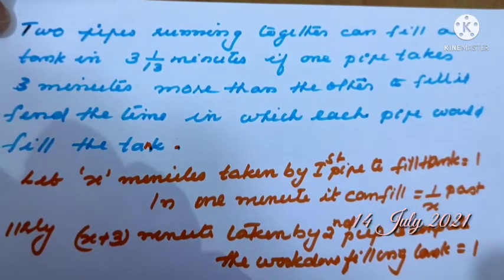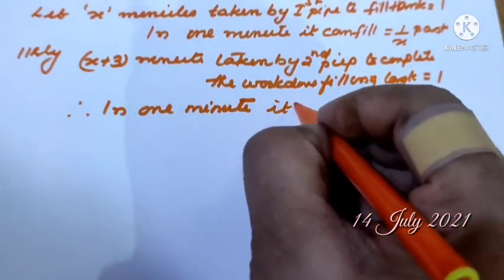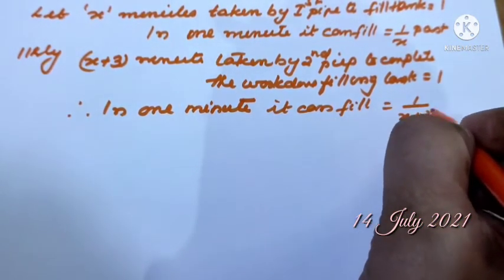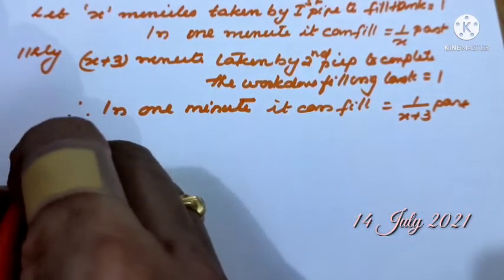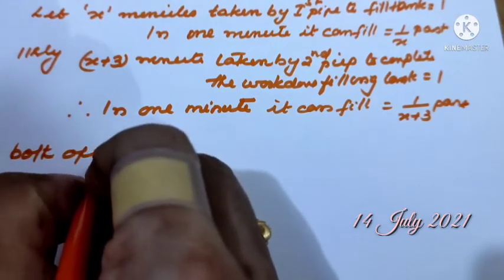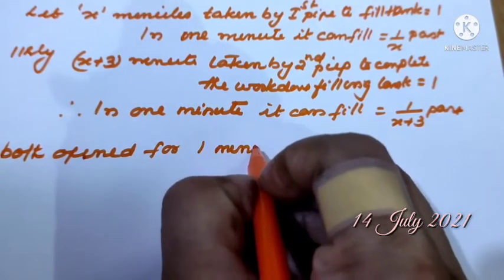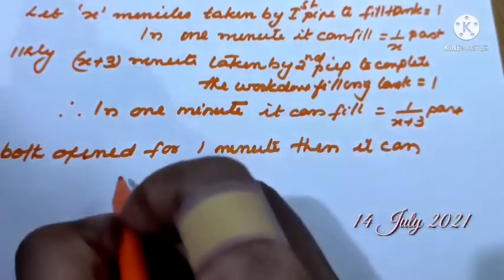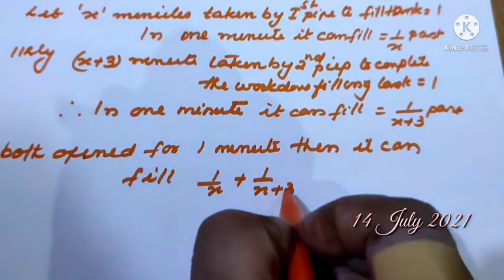Therefore, in 1 minute it can fill 1 by x plus 3 part. What is the next? Both pipes opened for 1 minute, then it can fill 1 by x plus 1 by x plus 3 part.